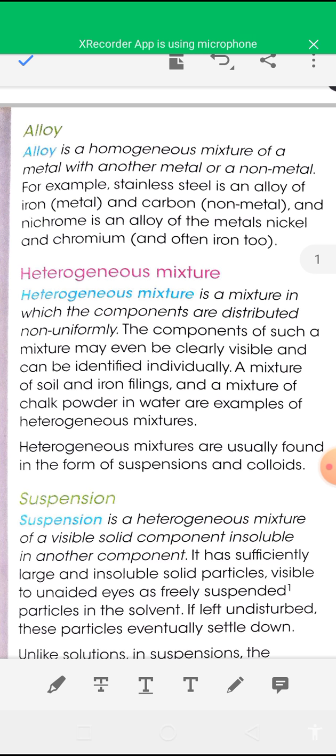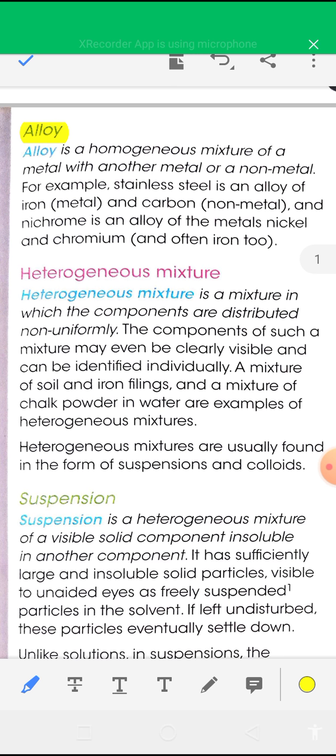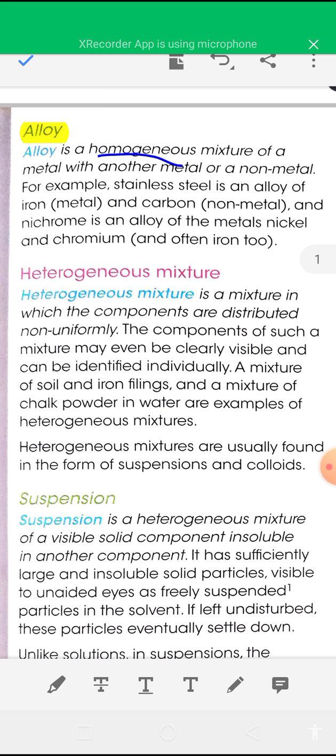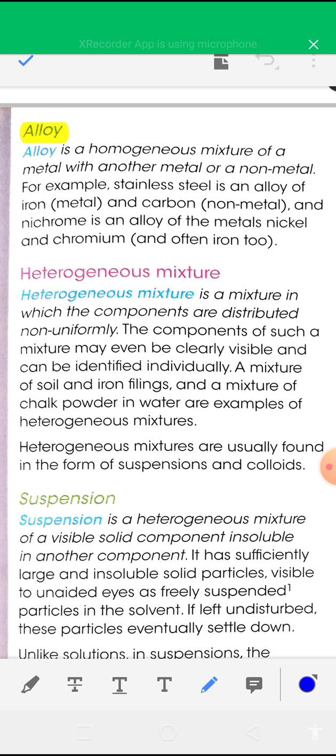And the next type of homogeneous mixture is alloy. What is an alloy? An alloy is a homogeneous mixture of a metal with another metal or with a non-metal. For example, stainless steel is an alloy of iron, carbon, which is a non-metal, and nichrome. Nichrome is an alloy of the metals nickel and chromium. So an alloy is a mixture of a metal with another metal or a non-metal.